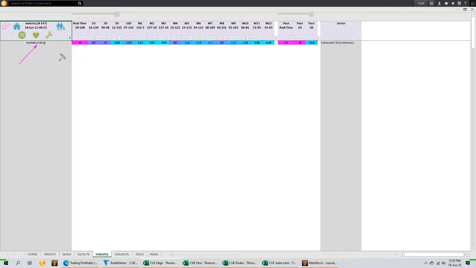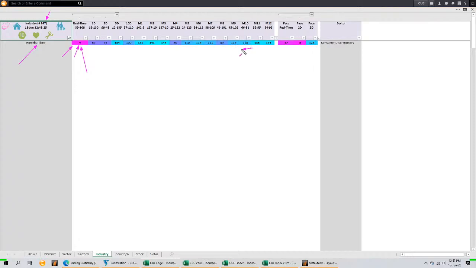You can instantly see that it is one of the weakest industries today. There are a total of 147 industries for the USA market in QEdge, and it is one of the worst. You could look at the score, or you could just look at the color. Magenta and red are bearish, or weak, colors in Q systems.